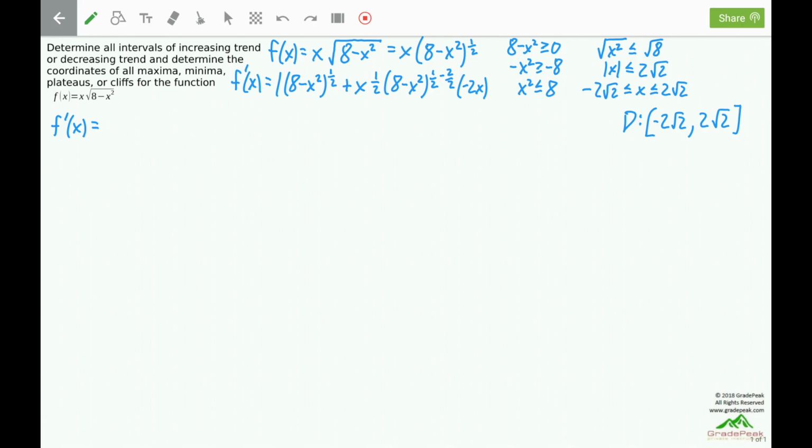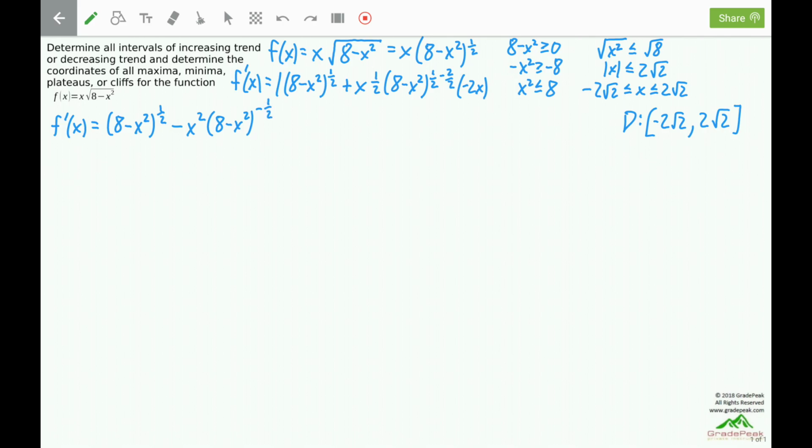The first term is 1 times an expression. 1 times anything is that same thing. And in the second term, we can collect the constants together. Everything's multiplied here. 1/2 times a -2 will be a -2/2 or a -1. And we have an x and an x, which will be x squared, and that can move to the front. And then we have an 8 minus x squared that is to the 1 minus 2 -1/2 power.